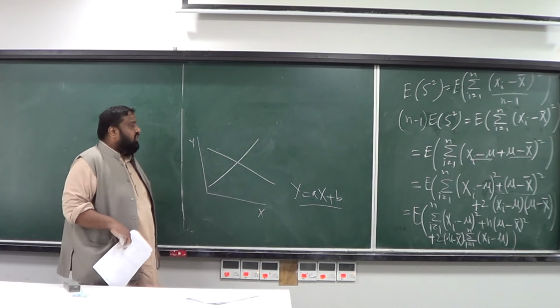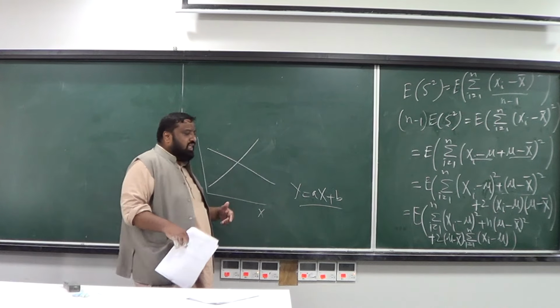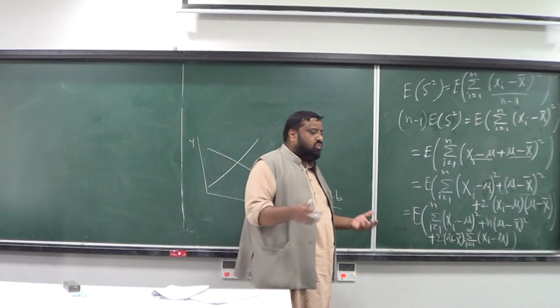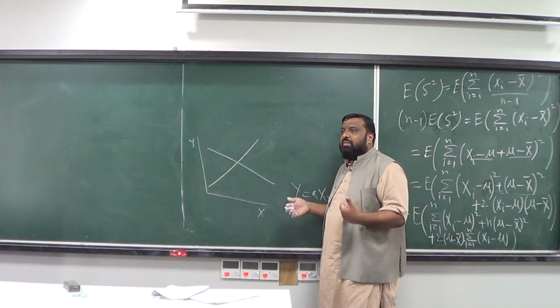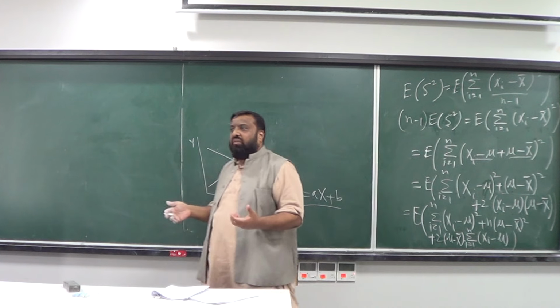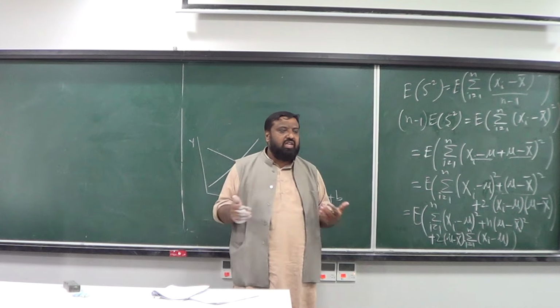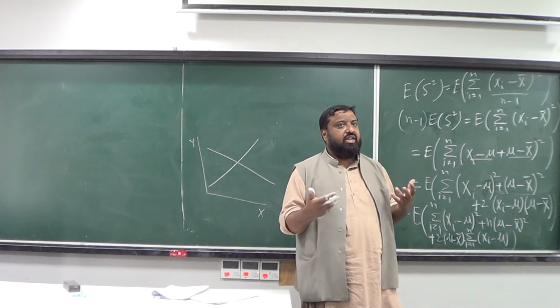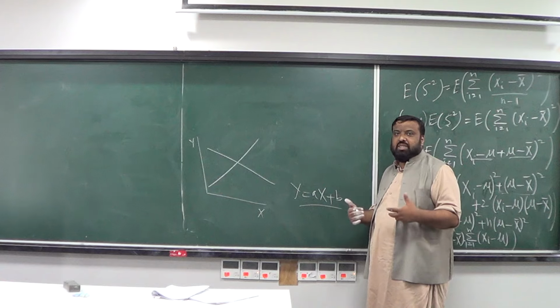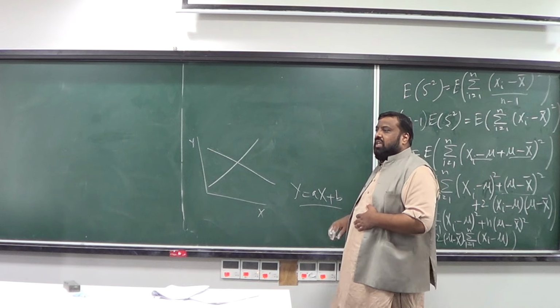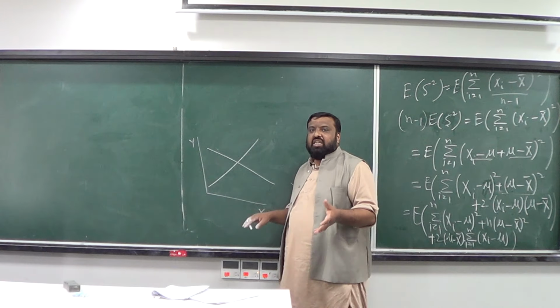To know what kind of relationship there is between two random variables or random processes, one way is to find the covariance. That is going to reveal how these two quantities are related with each other.